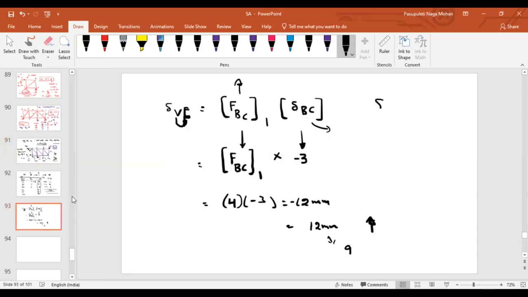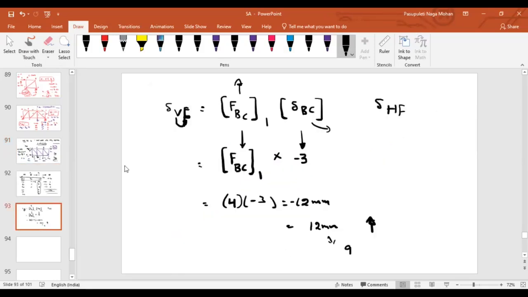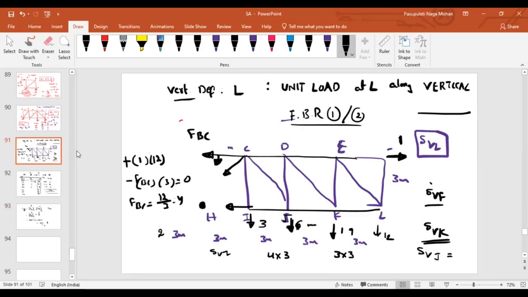What about the horizontal deflection at F? Can you tell me? Let us say if we apply it here, 0. Don't guess it, solve it. This one will be the same. You have to find the force in this member. So try to tell me what is the answer if I apply a unit load here.